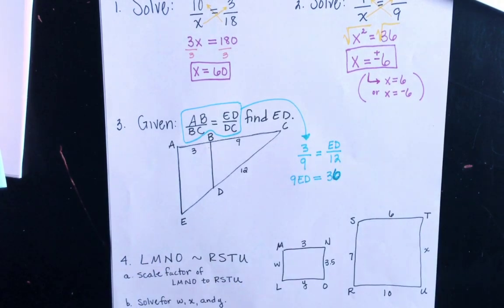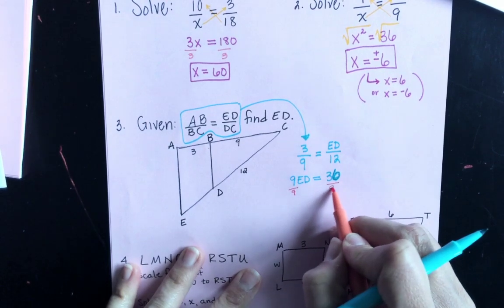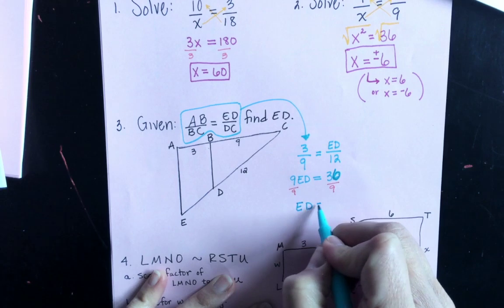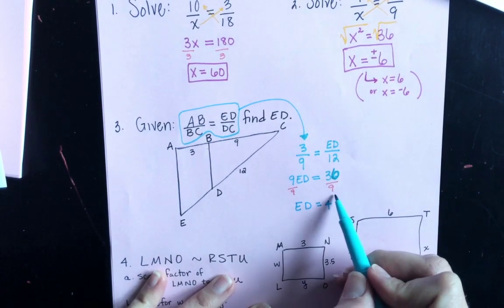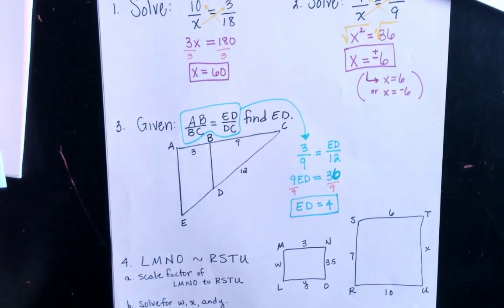I said 12 and started to write a 2. Now to solve, we have to divide away our 9, and we end up with the length of ED is 4. Now, that's all the question asked us to do, so we're done.